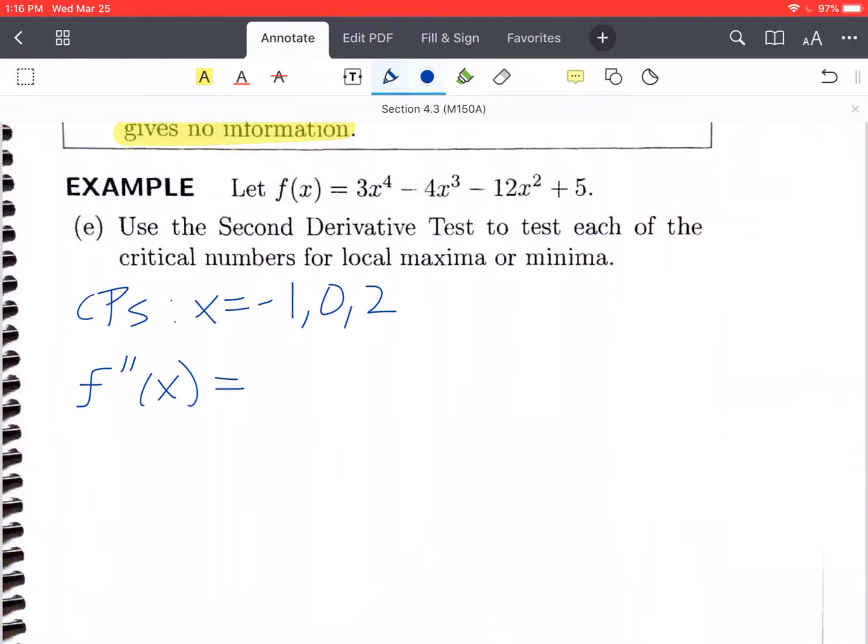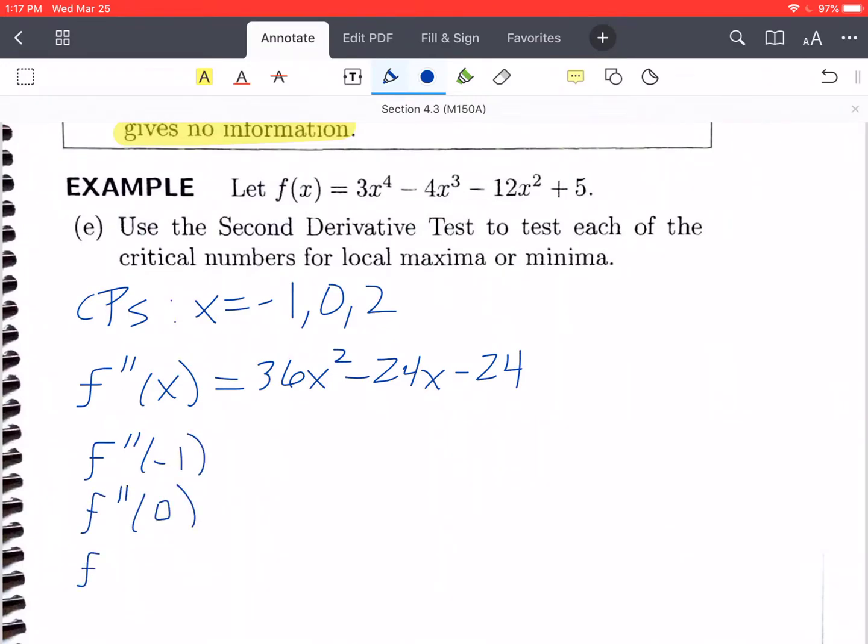Let me remind us what that one was. This was 36x squared minus 24x minus 24. So f double prime of -1, f double prime of 0, and f double prime of 2.